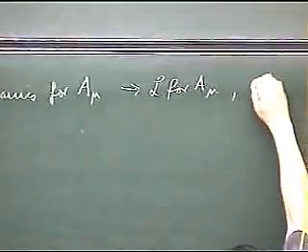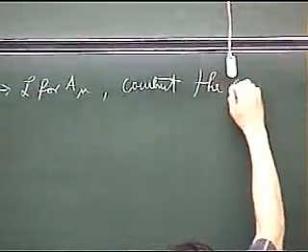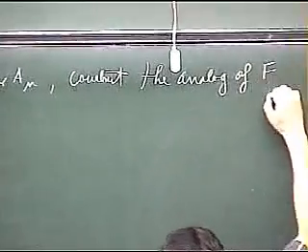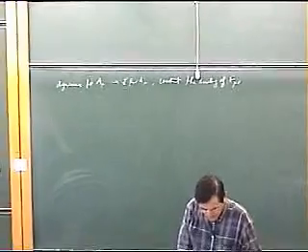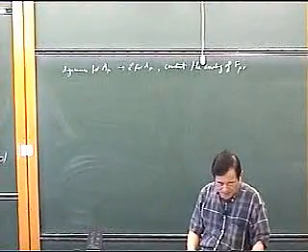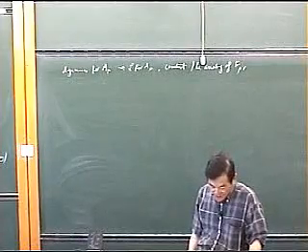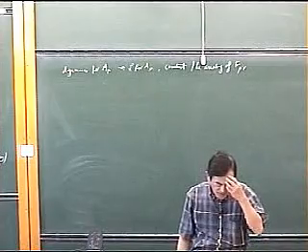So the first step is you need to construct the analog of F mu nu. Okay? So F mu nu is going to be more complicated, and if we construct the right F mu nu, then we can construct the Lagrangian.